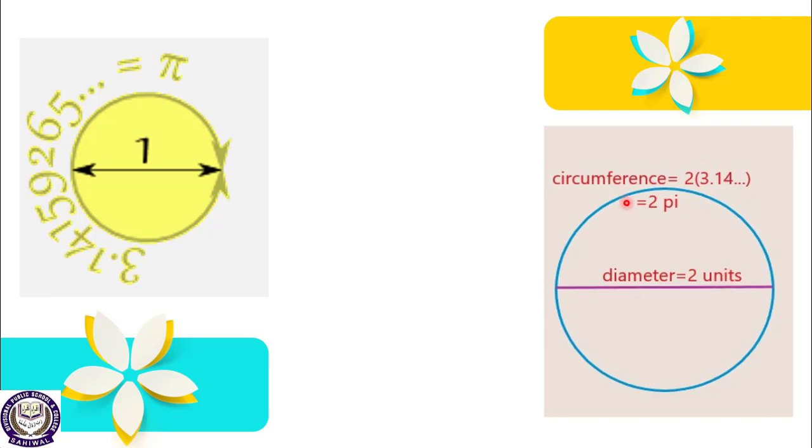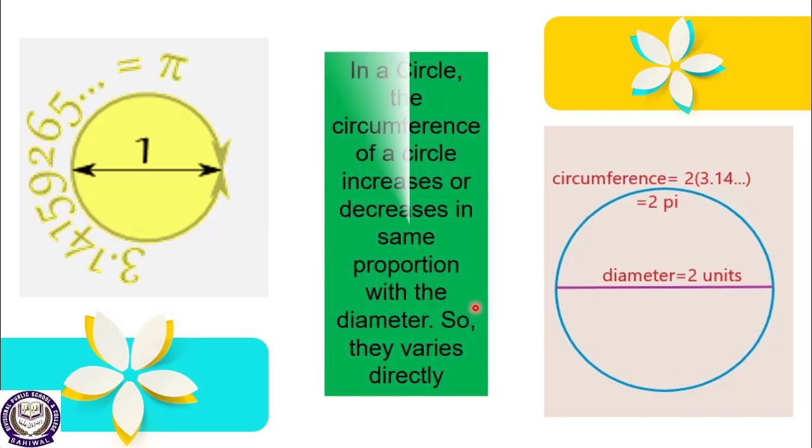And when we consider the circle with diameter 2 units, the circumference is equal to pi d, which means 2 times pi, or we can write it as 2 times 3.14159265, and so on. As the diameter increases, the circumference of the circle increases. And when we consider a smaller diameter, the circumference will also be reduced. So we can say that in a circle, the circumference increases or decreases in the same proportion with the diameter.